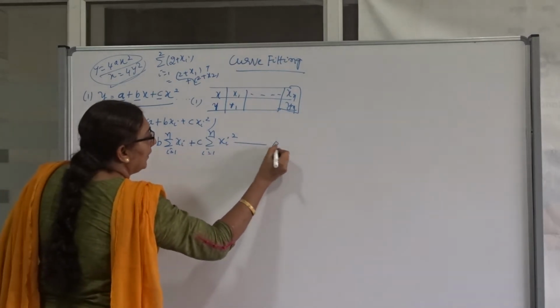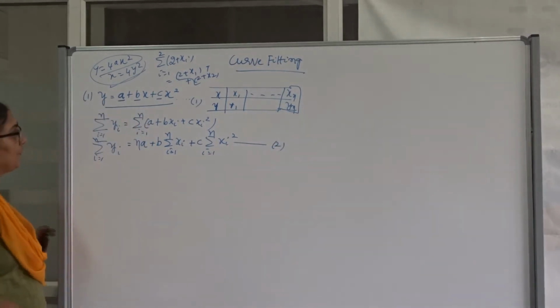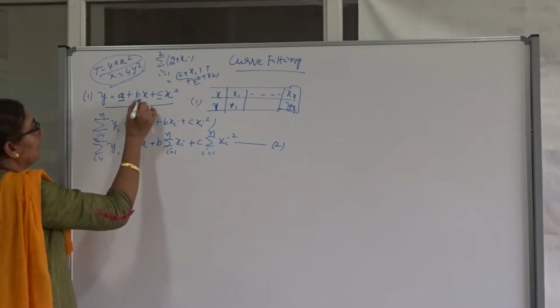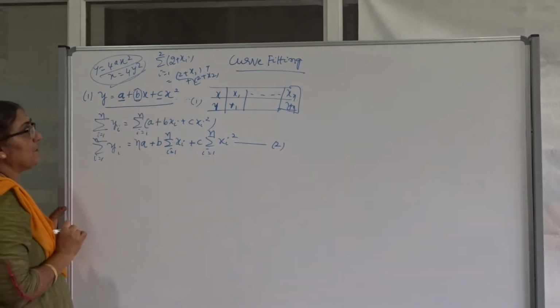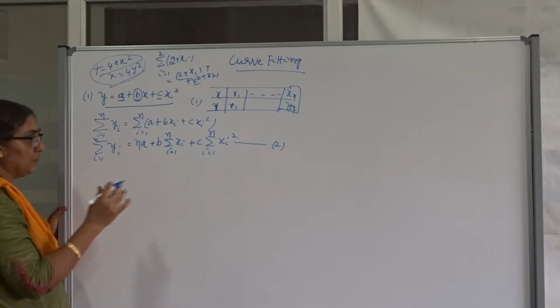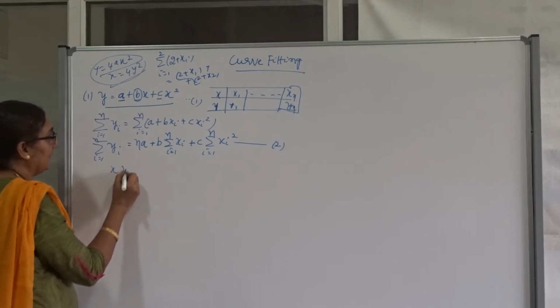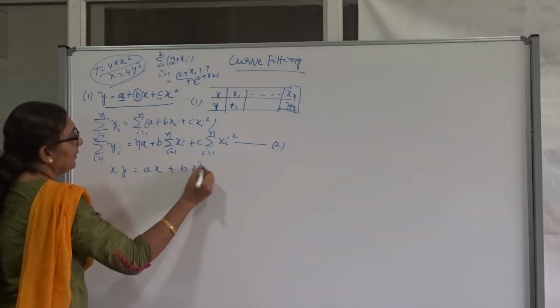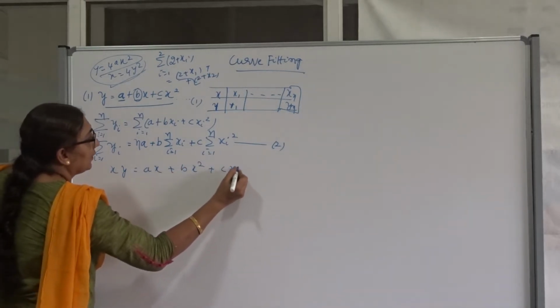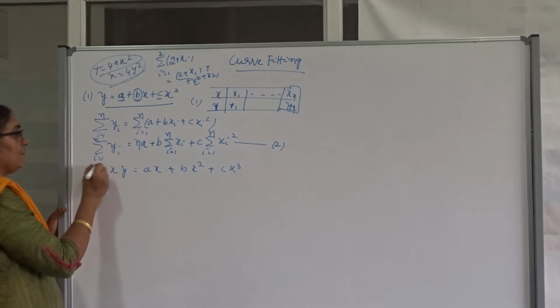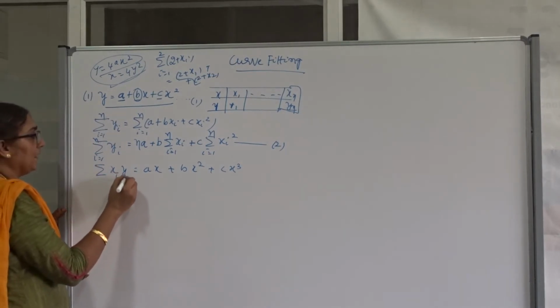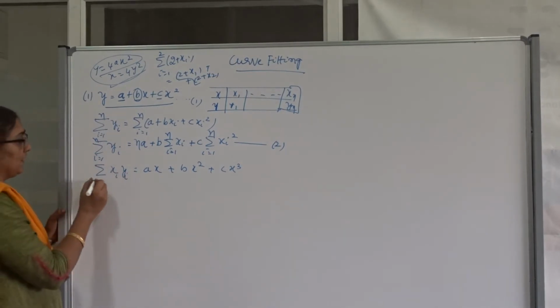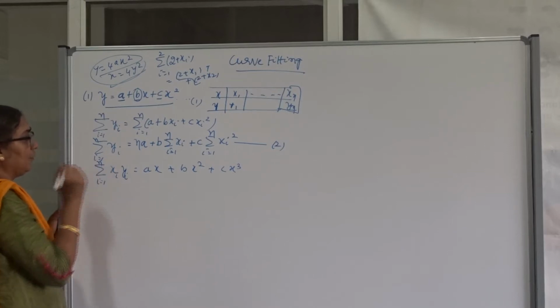Then I take the next unknown. What's the next unknown? b. The coefficient of b is x. First you multiply by x. What we get? x times a, that is ax, plus bx square and then cx cube. And then you take summation. While taking summation, I told very clearly, change x and y to xi and yi for i ranging from 1 to n.